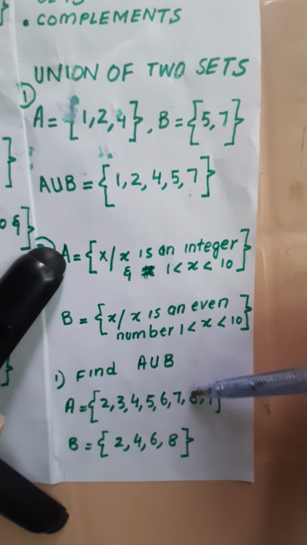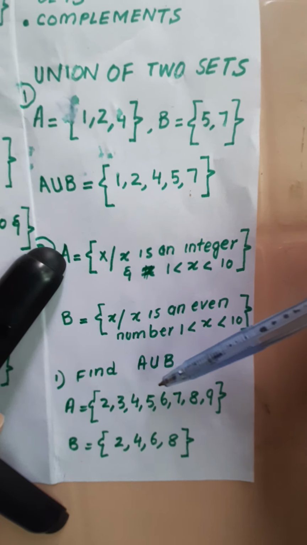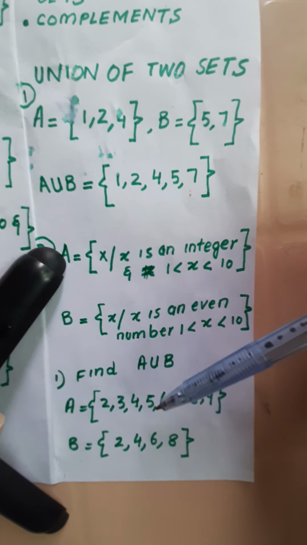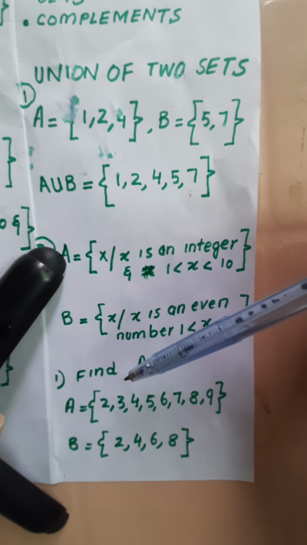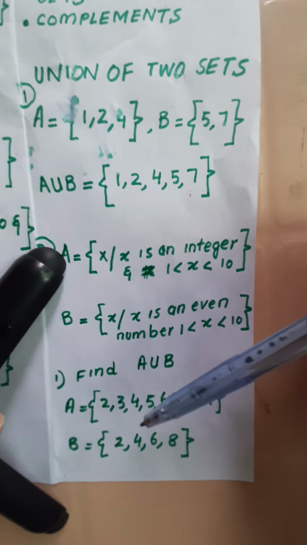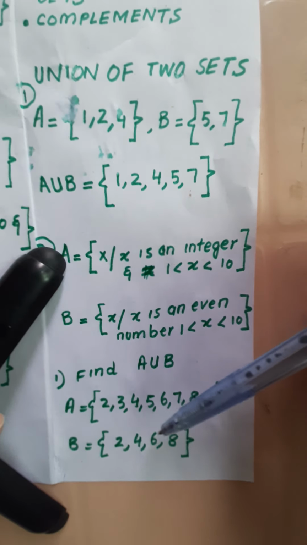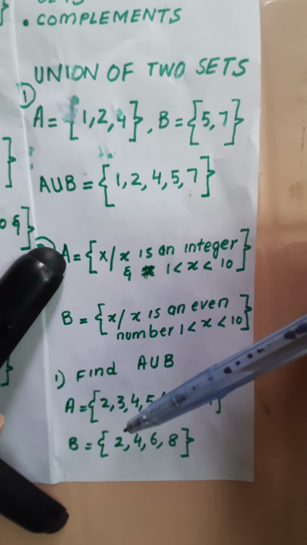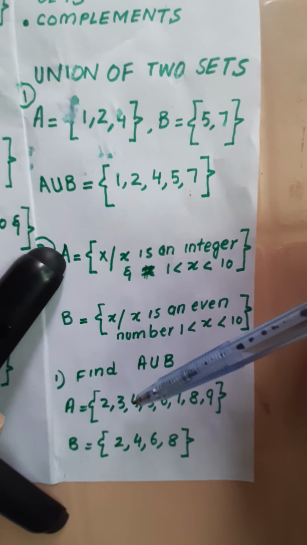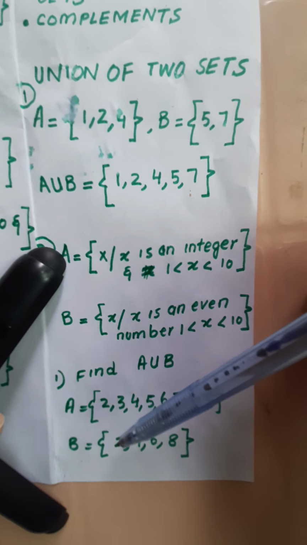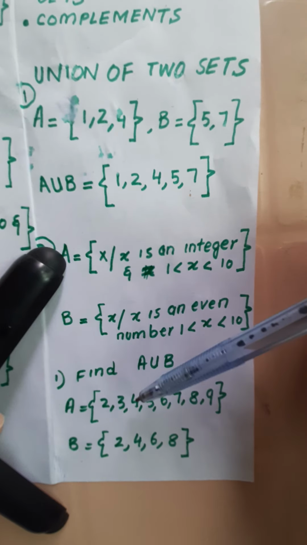Now, the union of A and B will be a set in which you will have all the elements of A as well as the elements of B, but there will be no repetition of elements. We will have 2, 4, 6, 8 also, but they are included already in A. 2 is present in A, 4 is present in A, 6 is present in A, 8 is present in A. So we are not going to write 2 two times or 4 two times in the union set.